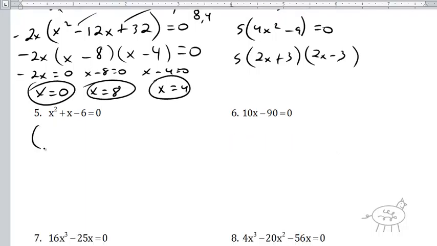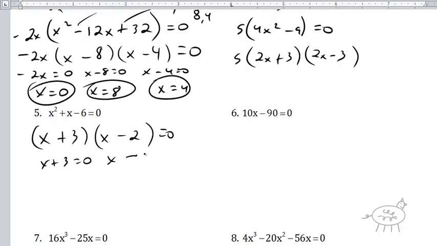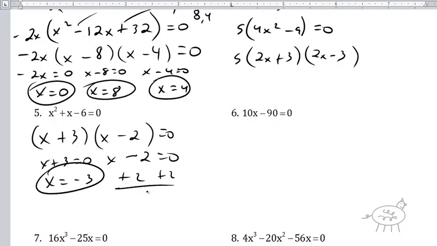Okay, this one, you don't have to factor it twice. There's no greatest common factor, so it's x and x, and it's plus 3 and minus 2. So x plus 3 equals 0, x minus 2 equals 0, x equals negative 3, and x equals 2.